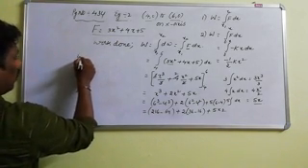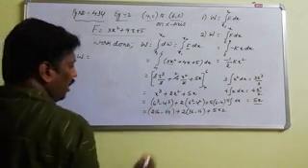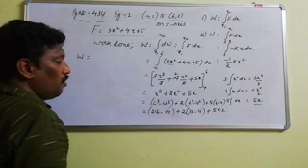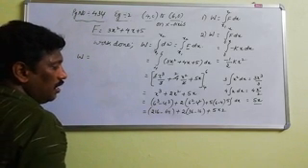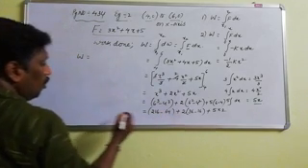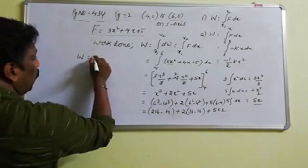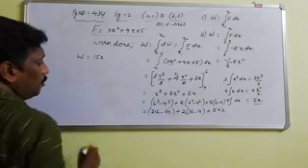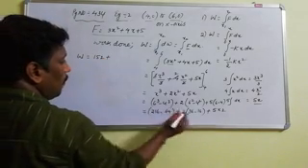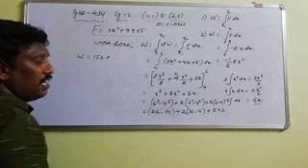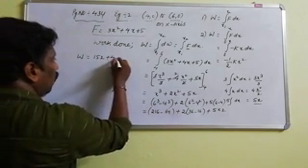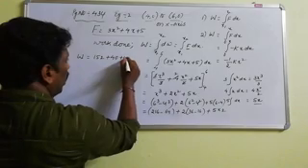So the total work done we get this way: 216 minus 64 is 152, plus 36 minus 16, that is 20, that is 2 times 20 equal to 40, plus 5 twos are 10.